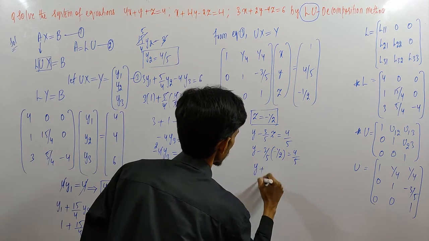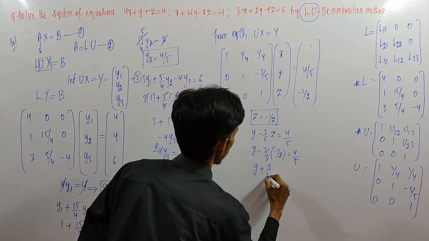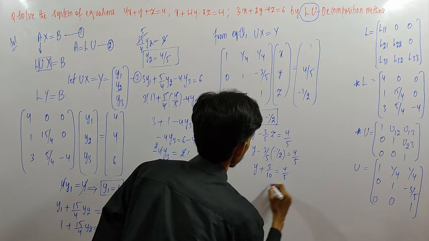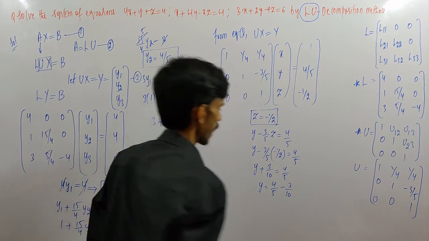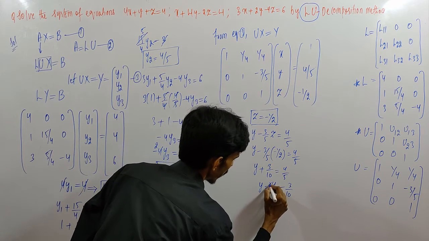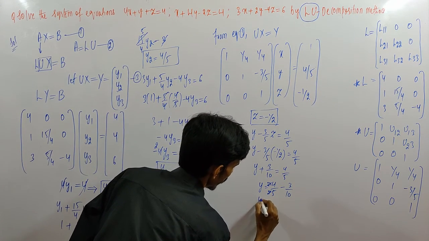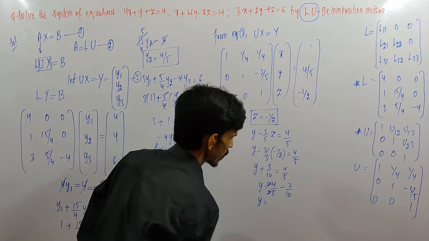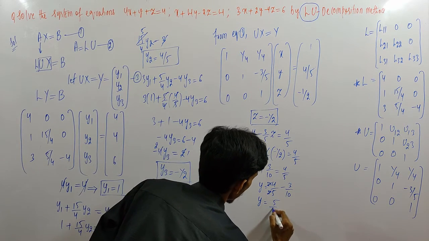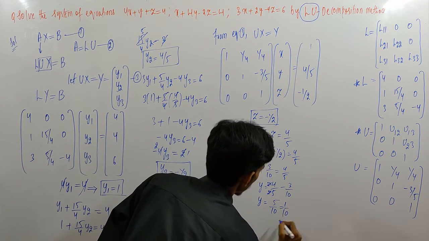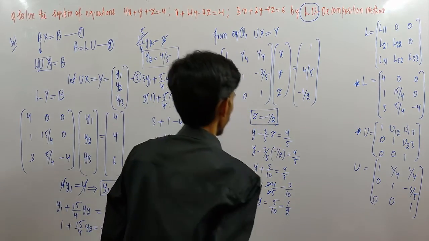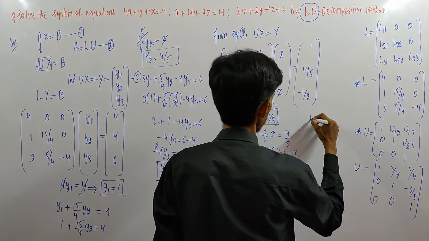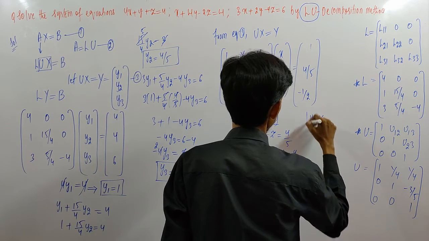Now y plus 3 by 10 equals 4 by 5. So the y value will be 4 by 5 minus 3 by 10. Now multiply by 2 here and here. We have 8 minus 3, that is 5 by 10, which is 1 by 2. So we got the y value as 1 by 2.